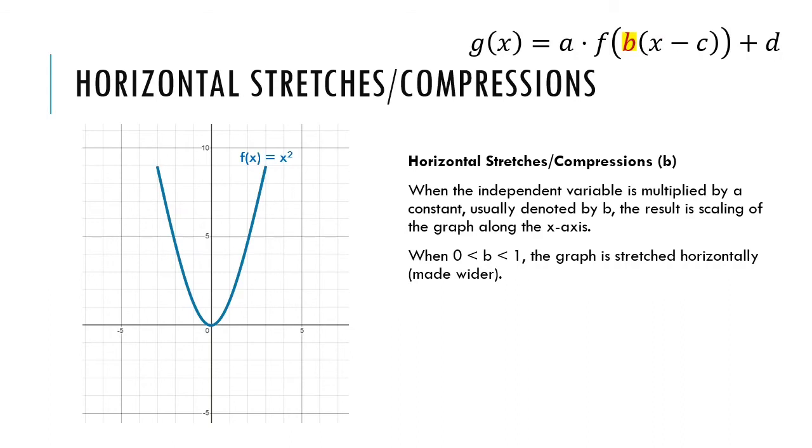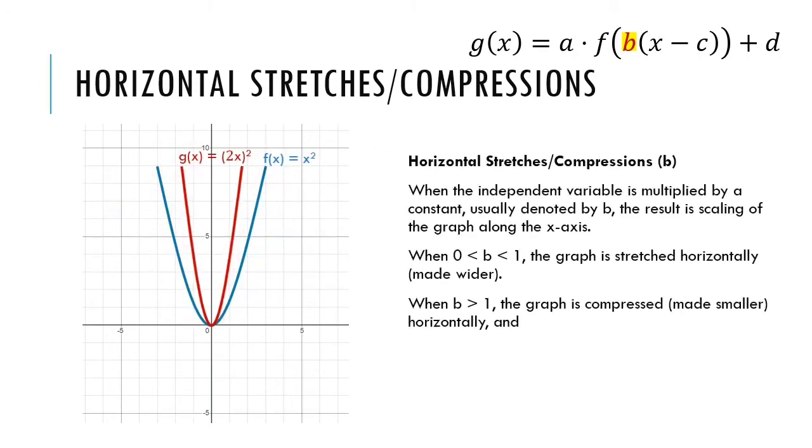It's made wider. Half x squared makes the graph stretch horizontally. 2x squared makes it compress horizontally. So whenever you have a big number, and when I say big number I mean a number bigger than 1, it's going to compress. When you have a small number for B, it's going to stretch.